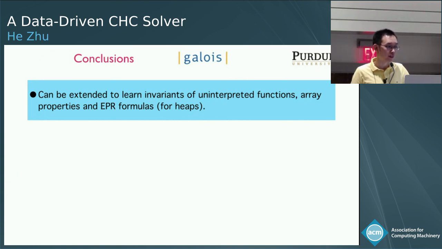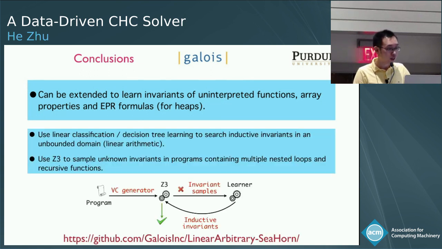The method can be extended to learn invariants of uninterpreted functions, array properties, and EPR formulas, where the computation of interpolants may be very challenging. But the data-driven method is completely agnostic to the underlying logic. As long as we can use the decision procedure to return sound counterexamples, our verification framework will be fine.